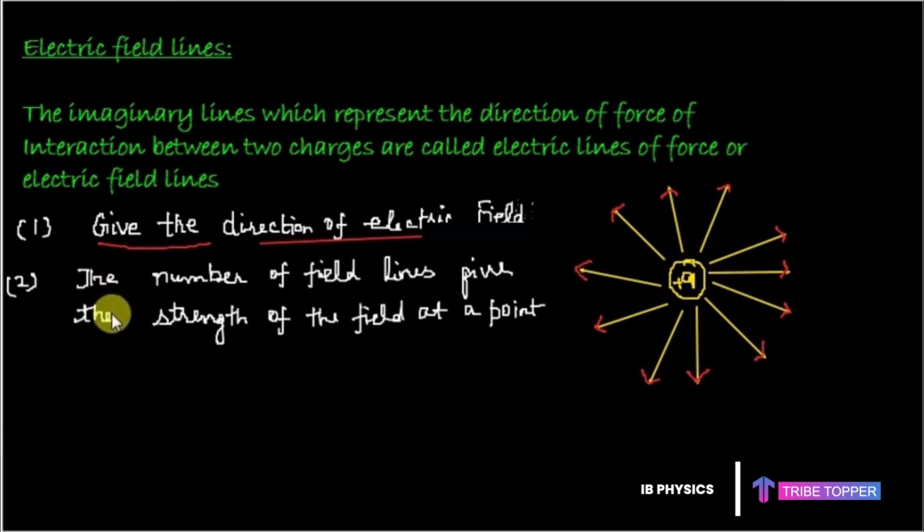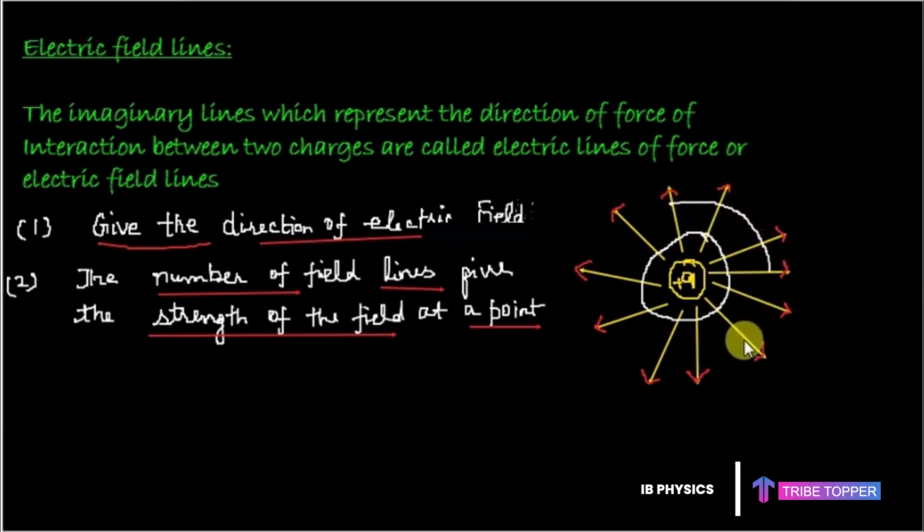The next very important property is that the number of field lines gives us the strength of the electric field at a point. You can see here that the field lines are crowded near the charge. Near the charge, in a certain area, you have lots and lots of electric field lines. As you go farther away, in that same area you may be left with just half or 1/4 of the number of lines.